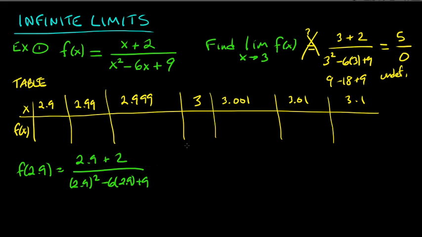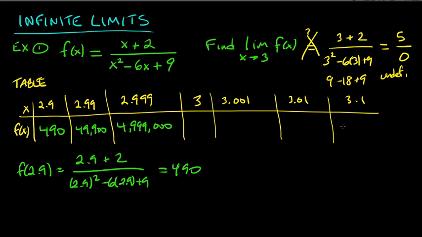It's exactly 490, I think. All right, you do this with 2.99, and you get 49,900. You do it with 2.999, and you get 4,999,000. Pretty big number, right?